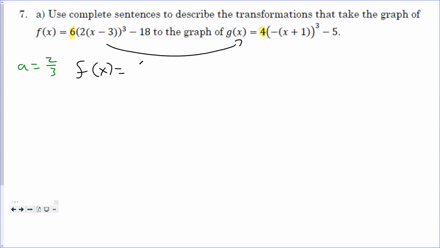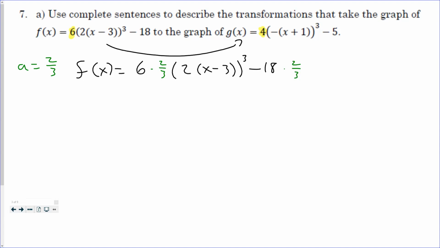And when you do that, f of x will be 6 multiplied by 2/3 of 2x minus 3 cubed minus 18. And don't forget that 2/3 also affects the 18.